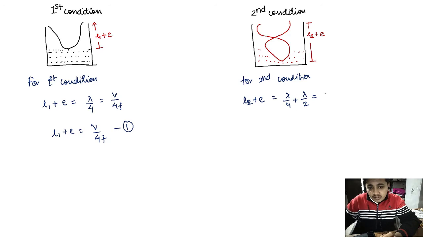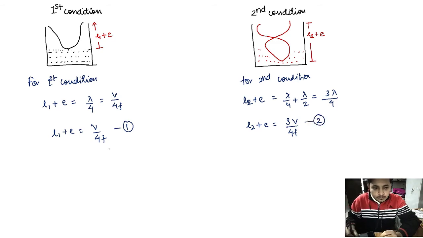So if we solve this, we get 3 lambda by 4, and we know lambda in terms of V and F. So L2 plus E is equals to 3V by 4F. Name this equation as equation number 2.